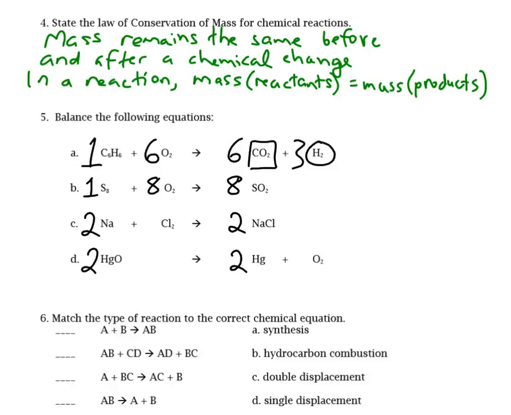So we balance that with 8 O2 groups on the left side. For C, pretty simple. We're only going to need 1 chlorine molecule. However, chlorine is diatomic, so it's going to produce 2 units of sodium chloride, which only contain 1 chloride ion each. So then would require 2 sodium atoms.